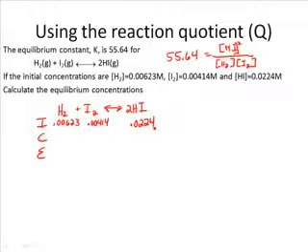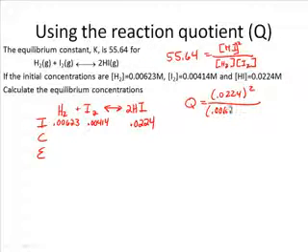So what I'm going to do is use those concentrations to find the reaction quotient. And there I get 19.45. Okay, so comparing this, we know that Q is less than K.